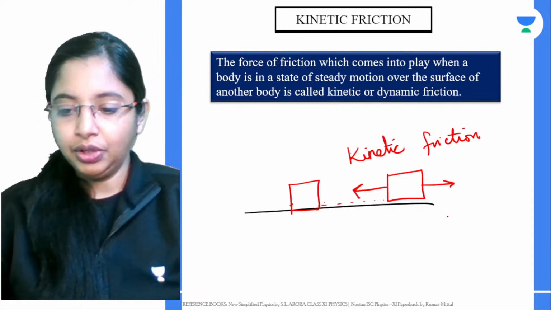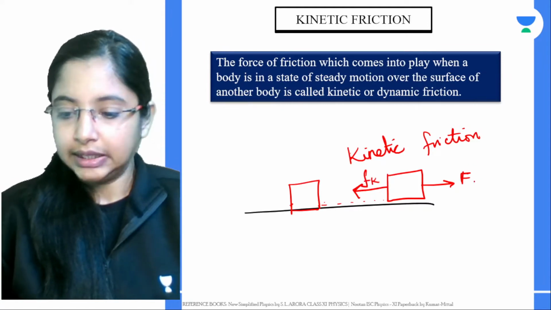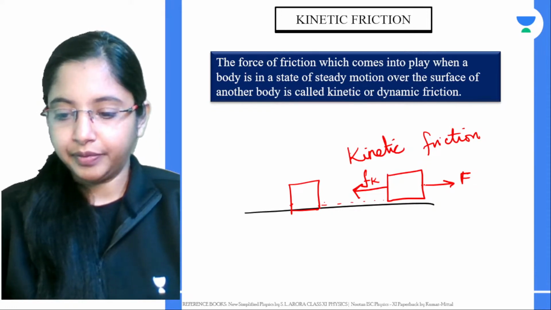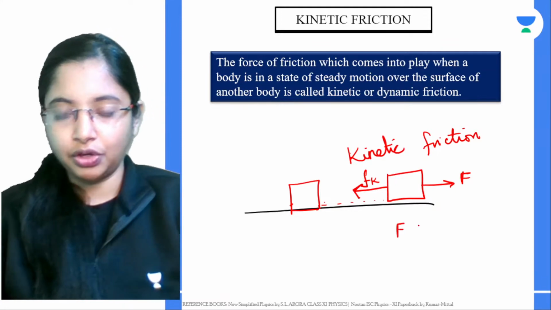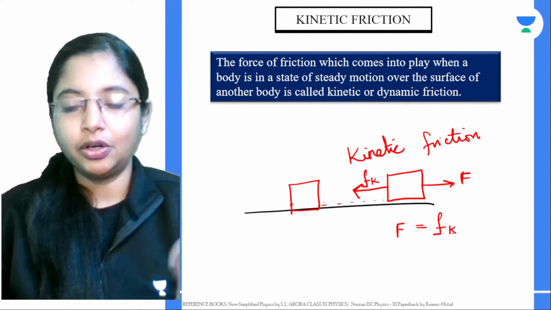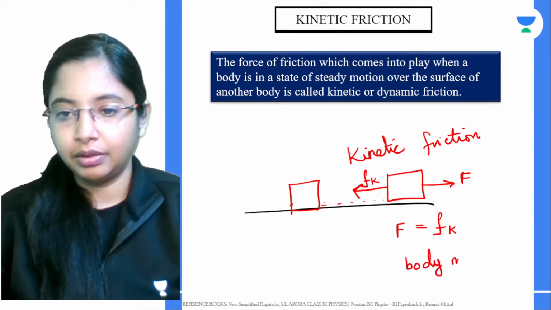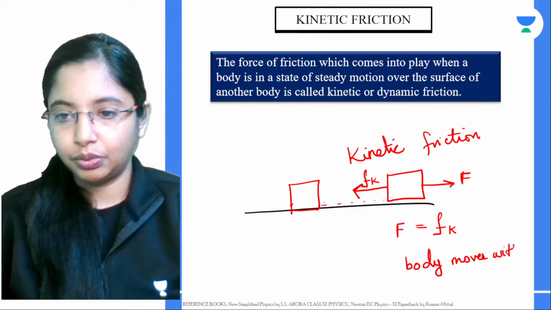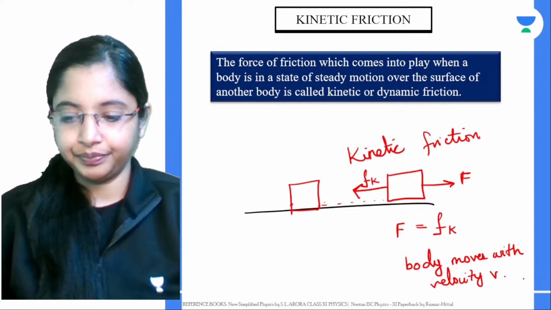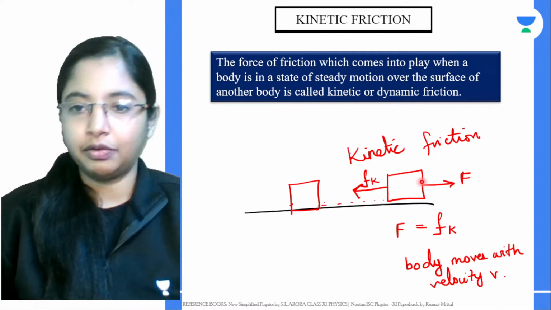So when this particular force is applied, we can say this is Fk, kinetic friction. When whatever force you're applying to the object is equal to this kinetic friction, or the dynamic friction, then we can say the body moves with velocity v.